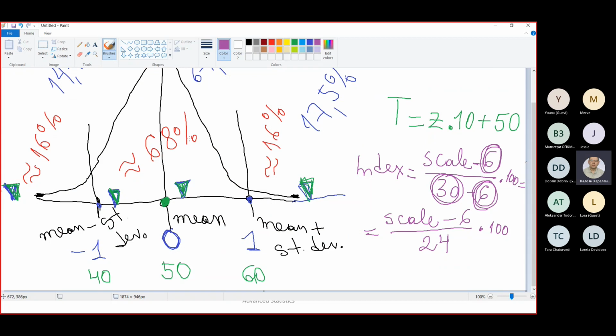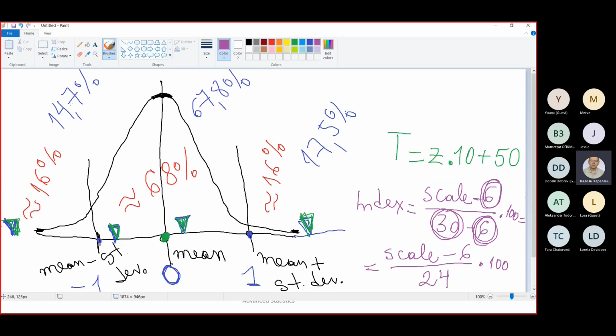Compare with 16%, 68%, and 16%. And our conclusion was that they are similar. Not exactly the same, but similar.